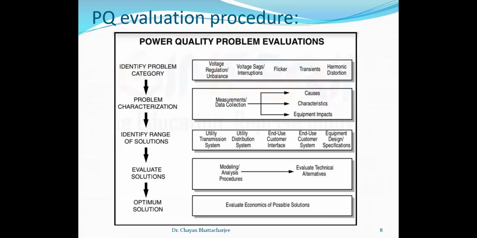How far the feeder reactance is matters, as the fault current will travel to that particular location, so then the impact will not be that high, it will be mild. So the causes have to be studied. Characteristics is how far the impact reaches, that we have to see, and equipment impacts is finally what is damaged if that type of problem occurs, whether the equipment trips, or even if it trips, how far it can withstand. Those things need to be studied.